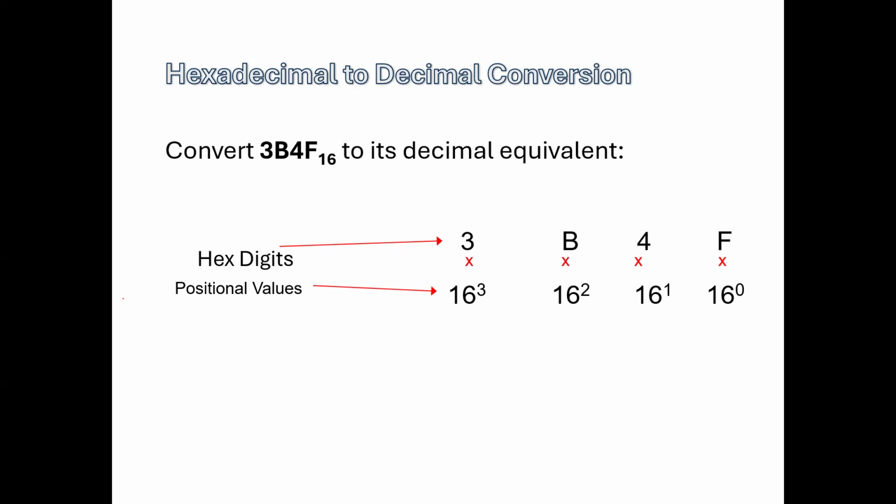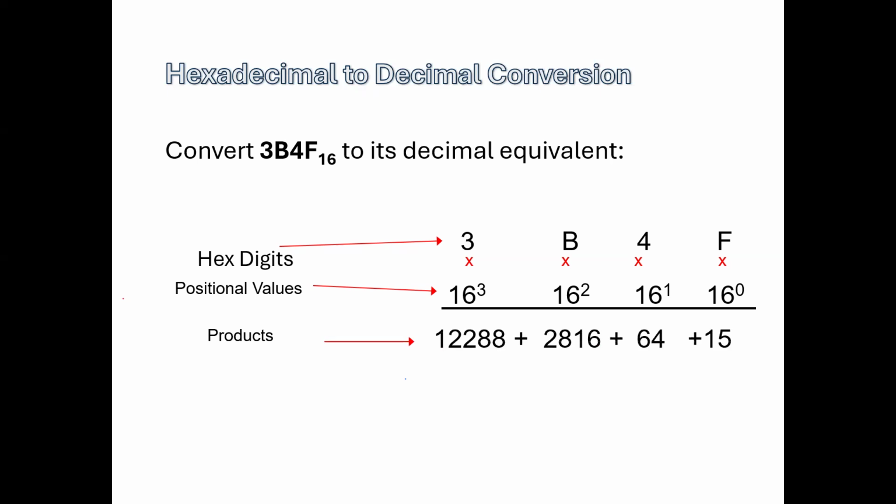So F times 16 raised to the power 0, 4 times 16 raised to the power 1, B times 16 raised to the power 2, and then 3 times 16 raised to the power what? 3. And whatever you get as your answer for each of the columns, you would then go and what? Add them all together. And your answer would be in base 10.